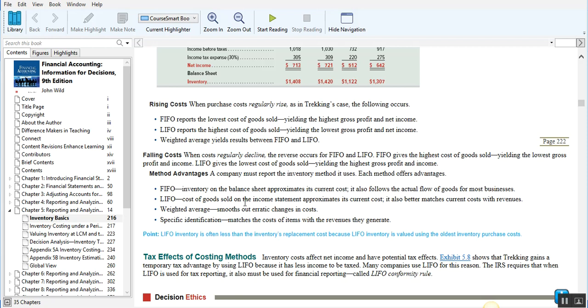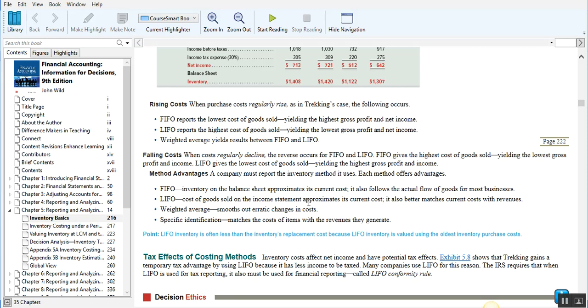When we talk about the cost of inventory and how it looks on the balance sheet, if your merchandising business conforms to FIFO and the flow of goods, that's going to reflect the most current cost for your inventory and the actual flow of goods for your business.